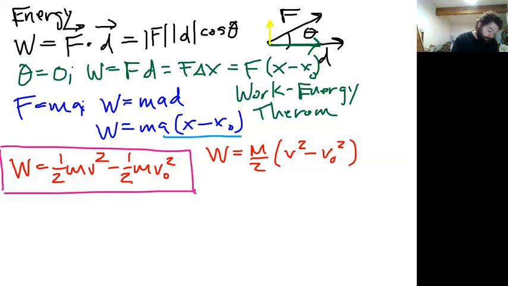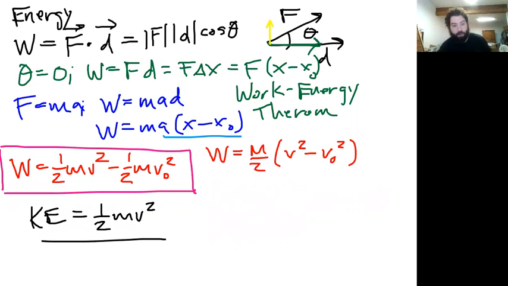So essentially this becomes our kinetic energy, and we can write, so for KE, KE is 1/2 mv squared. And that's going to be really important for this week. That's the kinetic energy.